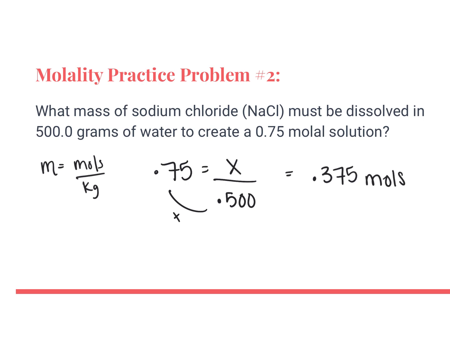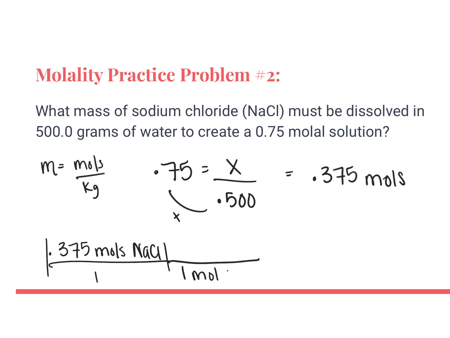And that was for moles. So we know we need 0.375 moles of sodium chloride. Do we know how to get from moles to grams? Okay, so last step, 0.375 moles of NaCl. Okay. And how do we take it to grams? What do you have to multiply it by?